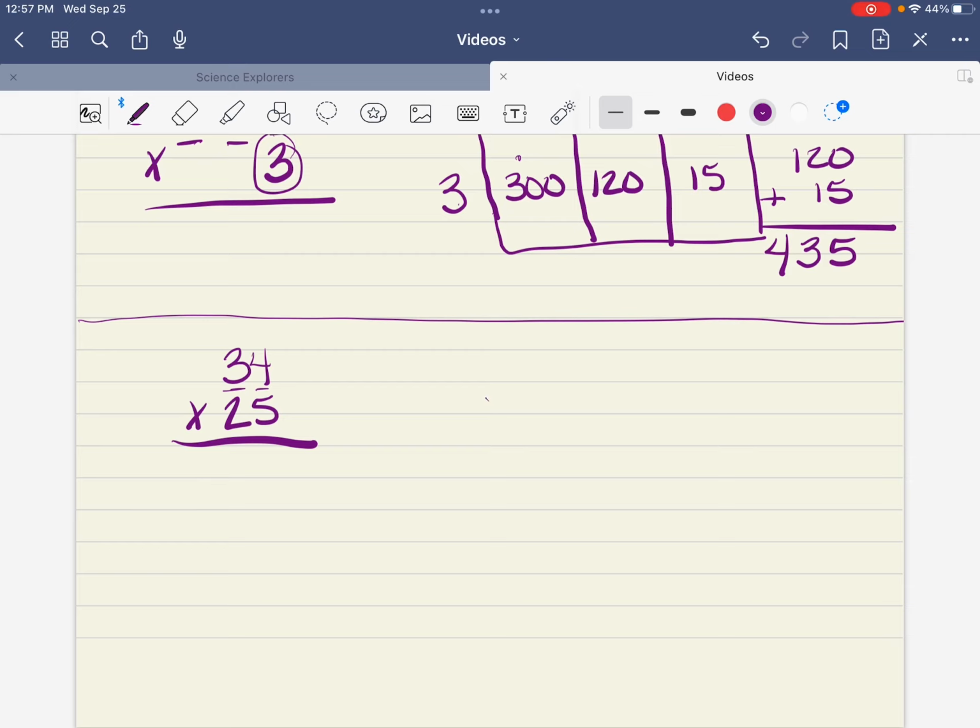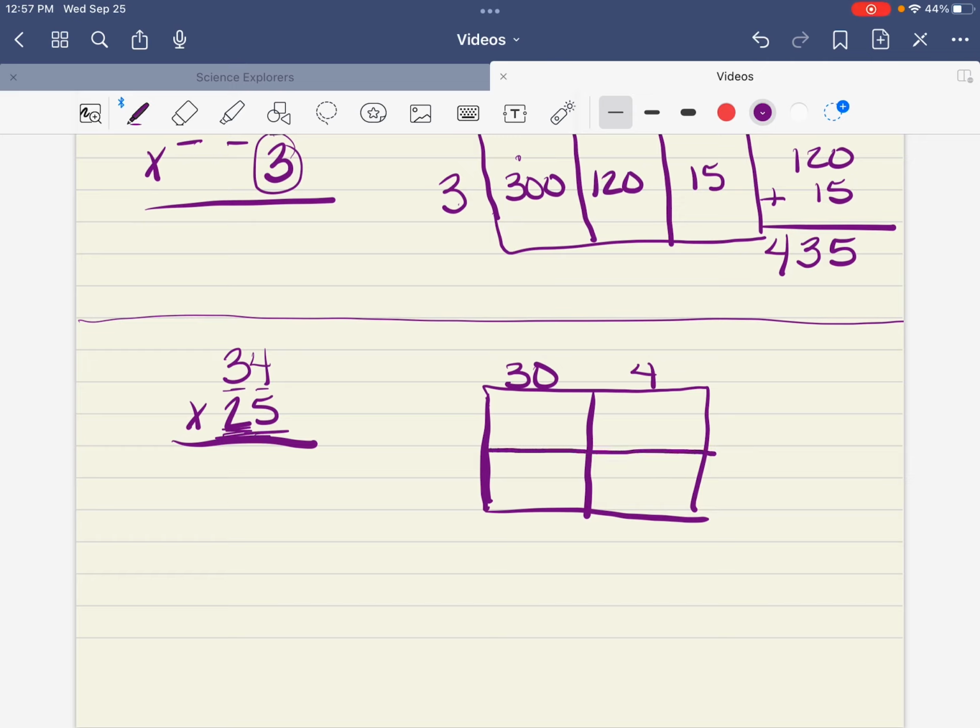So we're going to decompose that 34 into 30 and 4. So I'm going to need 2 columns on top, 30 plus 4. Now the difference is right here. I have 2 digits on the bottom, 20 and 5. So I'm going to make 2 rows right here. And I'm going to put 20 here and 5 right there.